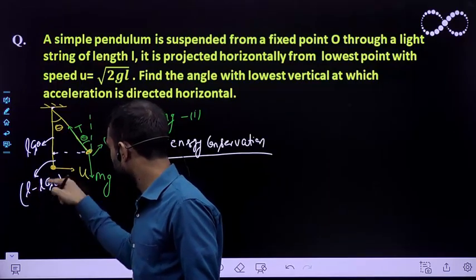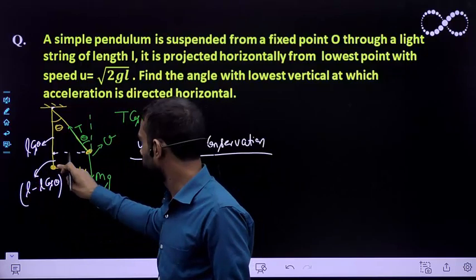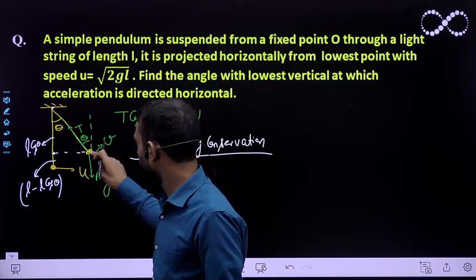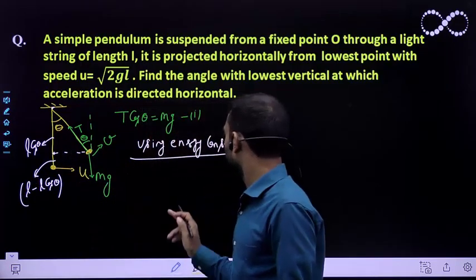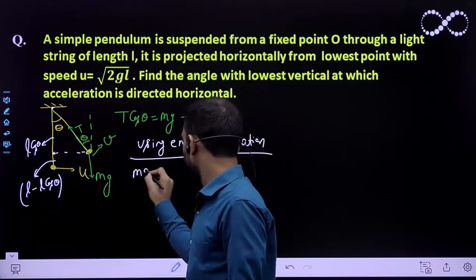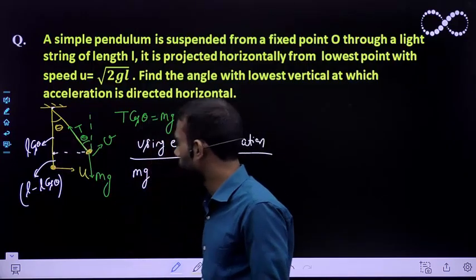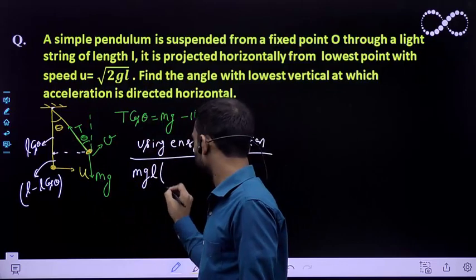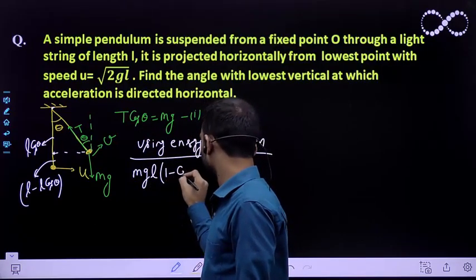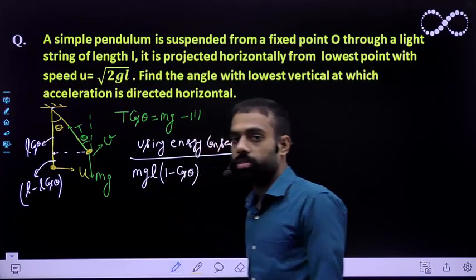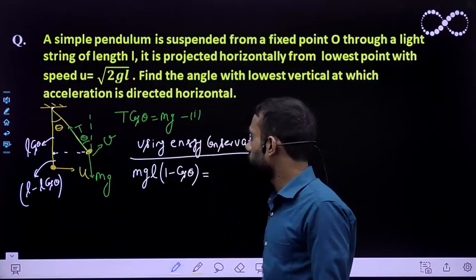So the gain in potential energy will be mg times this height, L minus L cos theta, which is mgL(1 minus cos theta). This is the gain in potential energy, and that must be equal to the loss in kinetic energy.